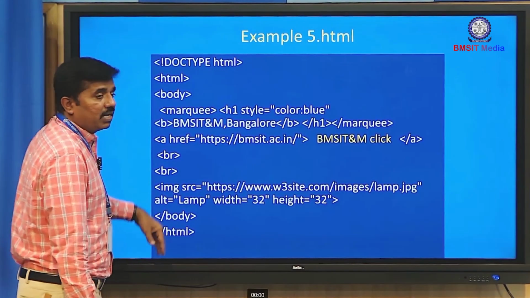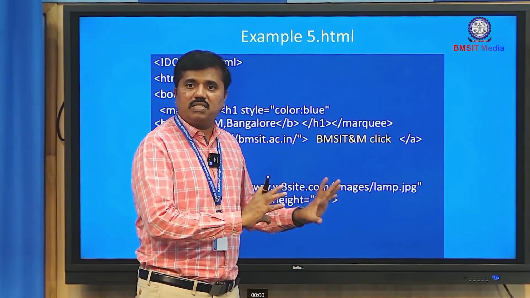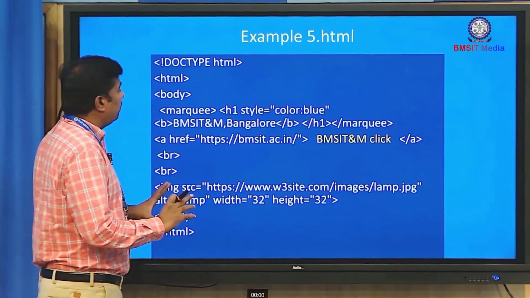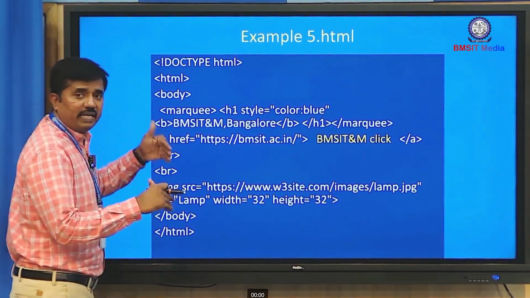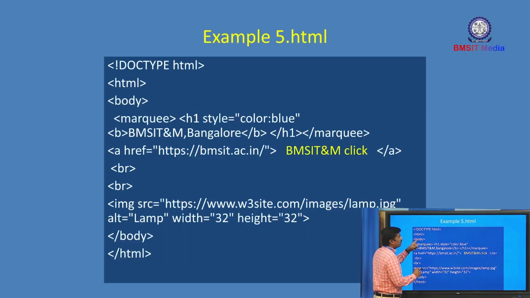And whatever I ran, you might have seen one web page just now which I have shown. Let me explain how I created that web page. I always write HTML with a file name, that is example5.html, and I inform the browser it is of type HTML, begin the tag HTML, and end it. You might have seen a blue color and the title, the name of the college, which is bolded and highlighted.